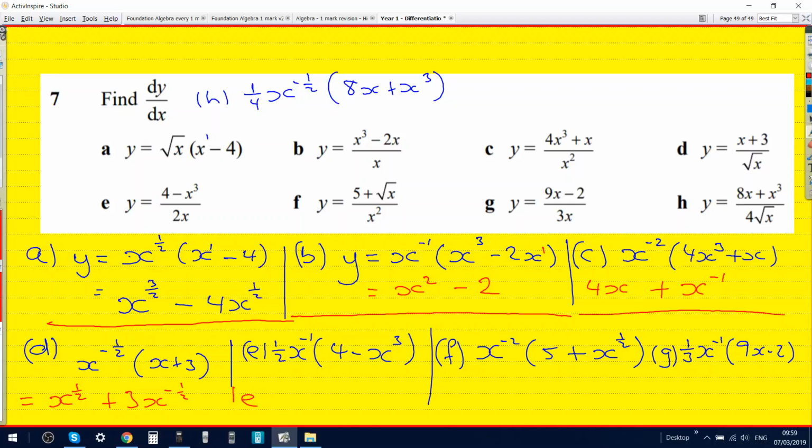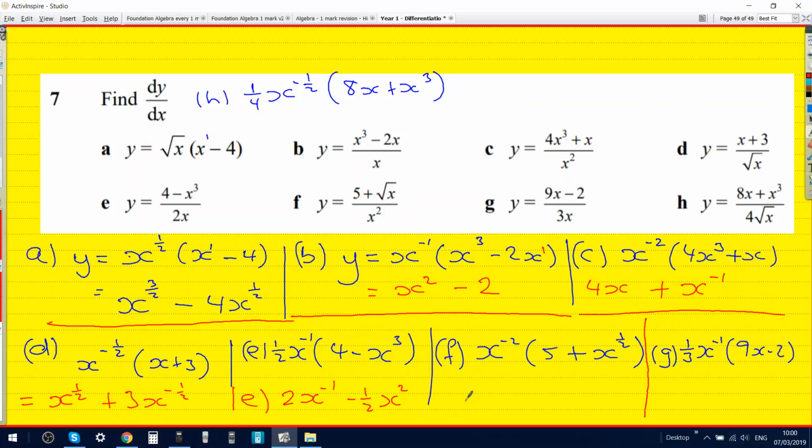E. Is that 1.5? 3. Just a half. Alright. Half x minus 1. 2x to the minus 1. And then minus a half x squared.